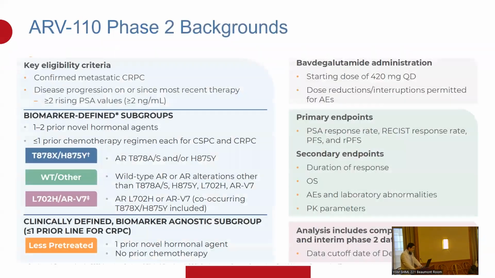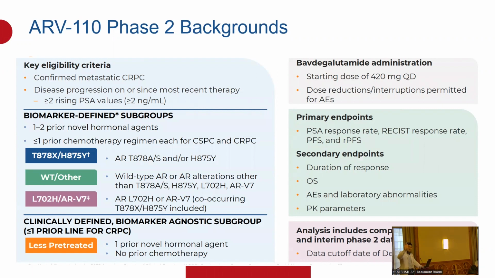And so they carried on to do their phase 2 trial. Again, the eligibility criterion is patients with mCRPC, as well as disease progression since most recent therapy, defined as more than 2 risings of PSA values with more than 2 nanograms per milliliter.